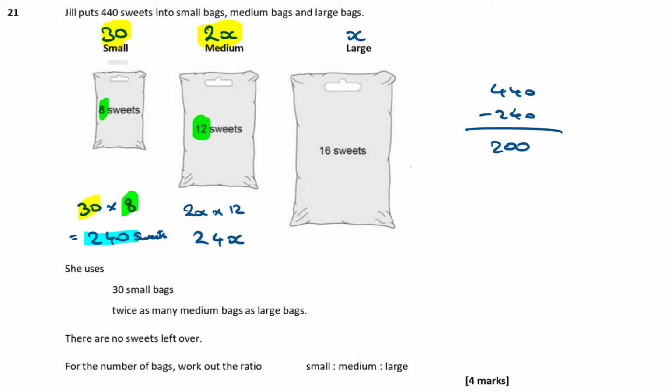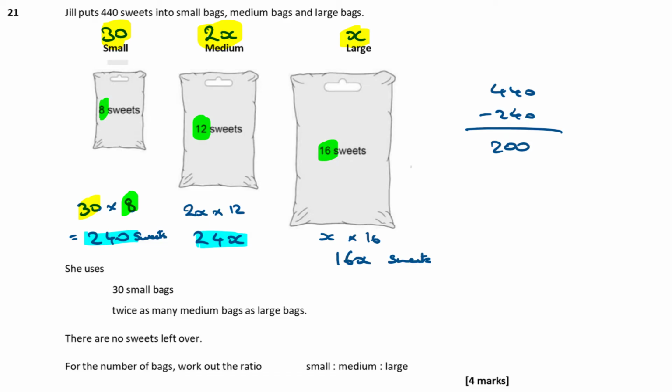So I've got 24x sweets in the medium bag, and I'm going to do the same thing with the large bag. If I've got x bags, and I've got 16 sweets in each bag, then altogether I have got x times 16, which is 16x sweets.